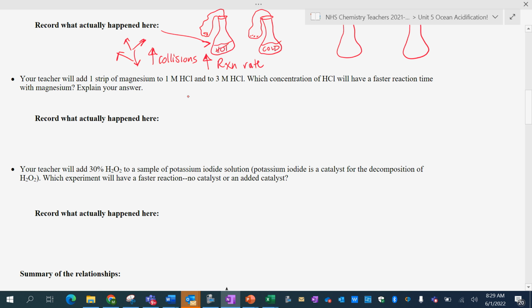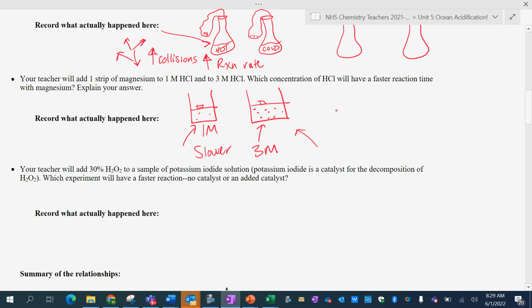with the baking soda particles, which increases the reaction rate. And we did another experiment where we had a beaker of 1 molar hydrochloric acid and 3 molar hydrochloric acid, so more concentrated. We put a little strip of magnesium in each. In the one that was 3 molar, it was fully reacted in seconds, very, very quickly, versus the one that was 1 molar, which was much slower.